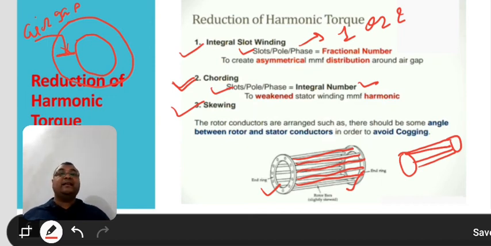Generally, in this diagram, if I consider two end rings, the bars could simply be straight lines, but it should not be like that, it should be skewed.